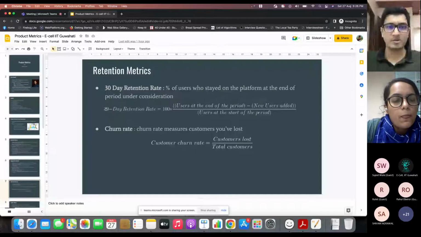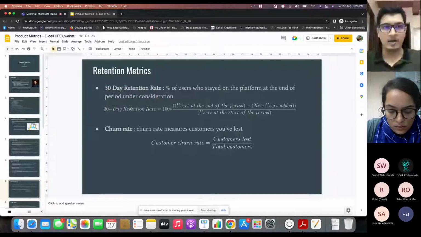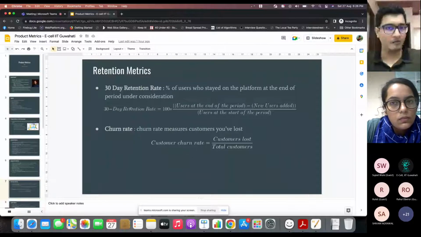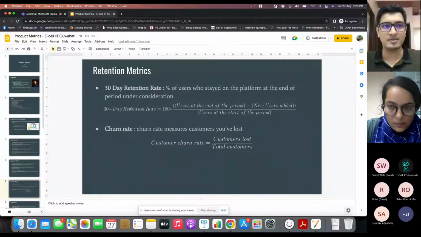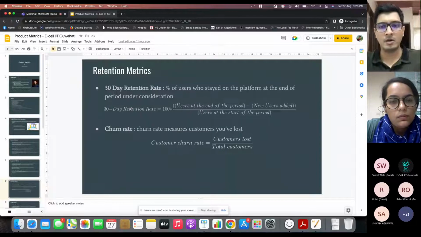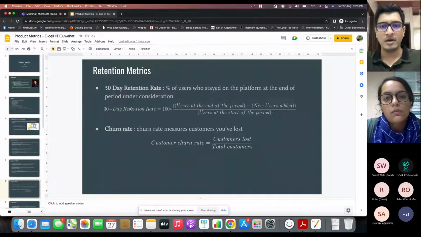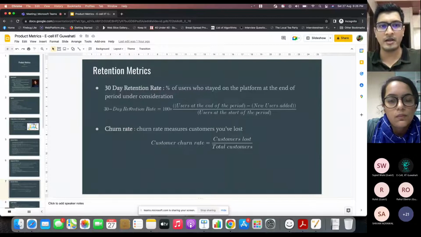So this helps you gauge whether the users who have tried your product are coming back to use it or not. And if they are coming back, it means your product is adding value to them, right? And they would keep giving you recurring revenue by coming again, right?